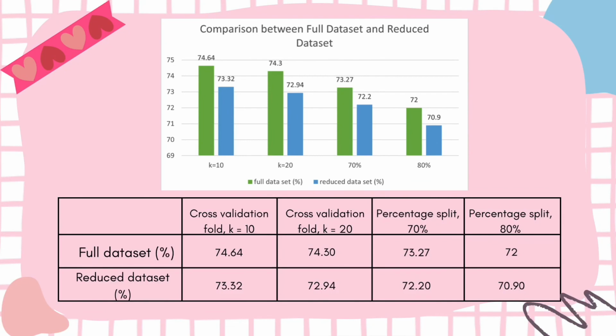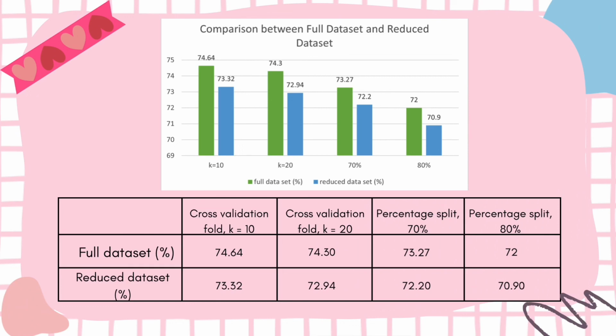This is the comparison between full dataset and reduced dataset. It is shown that full dataset and reduced dataset have differences in percentage of accuracy. First, for cross-validation tenfold, full dataset has 74.64% accuracy, but decreased to 73.32% in the reduced dataset.